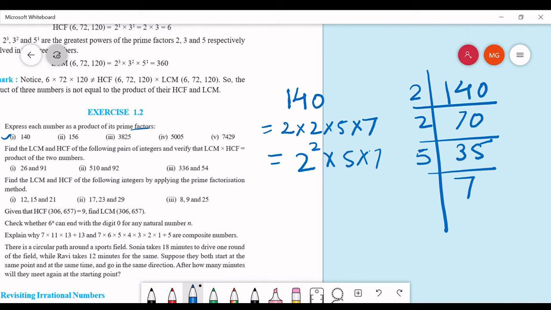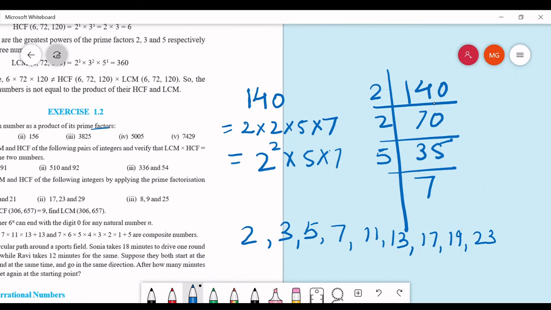Okay, one thing that you should keep in mind while finding out this prime factors, how you'll start from the smallest prime number, right? So the smallest prime number is 2. Then if it is not divisible by 2, then you will move on to the next prime number, that is 3, then 5, then 7, then 11, then 13, then not 14, 15, 16, 17, 19, 23 and so on, right?